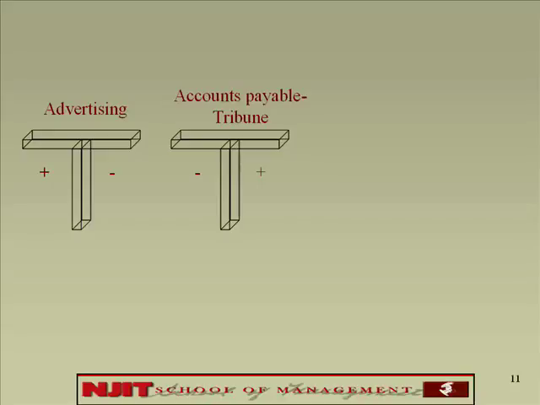Minus on the left, plus on the right. How are the transactions impacted? Advertising is plus $13,000 because you created an expense, and a liability is plus $13,000 because you owe money to the supplier.